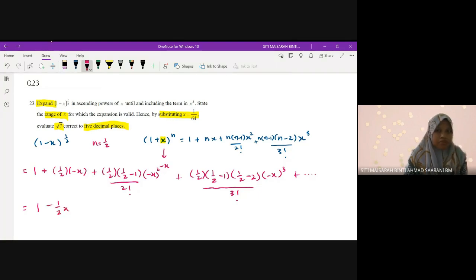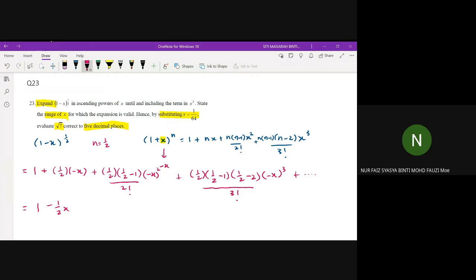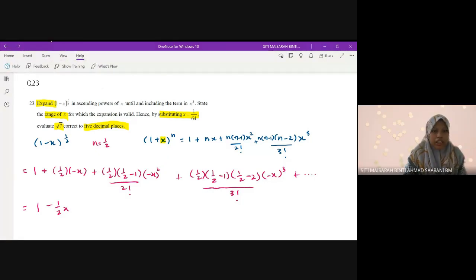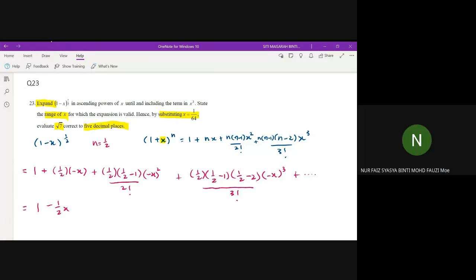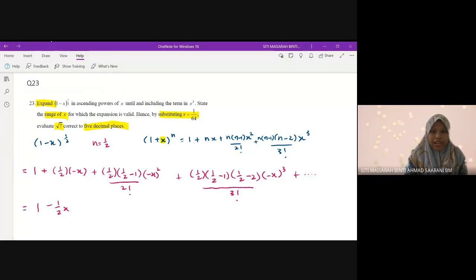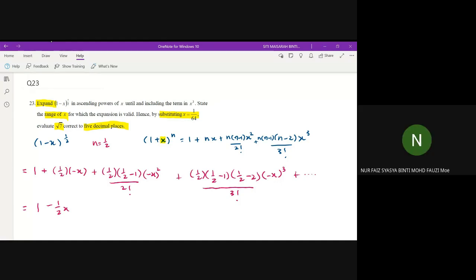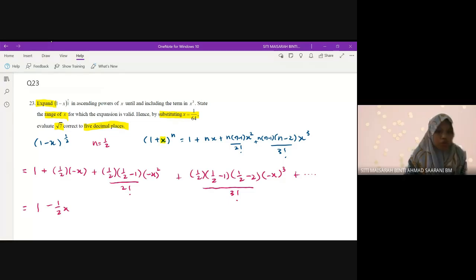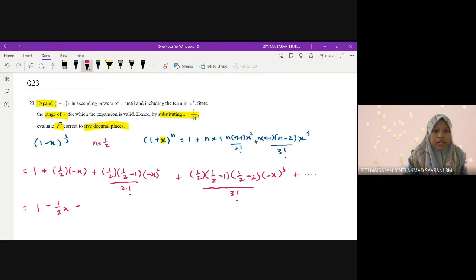The fourth term, if we calculate, is 1/2 multiply (1/2 minus 1) multiply negative x square over 2 factorial. Then we get minus 1 over 8 x square.